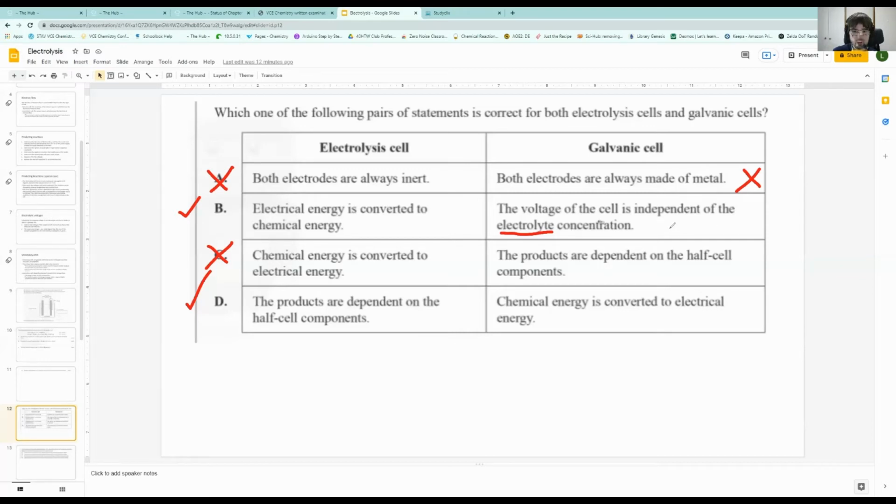Not quite sure which one they're referring to there. That one's not right. Chemical energy is converted to electrical energy there. Basically, the concentration of the salt bridge doesn't matter. The products are dependent on the half cell components. Yes, that's what we said before. So B is not correct. D is correct here.